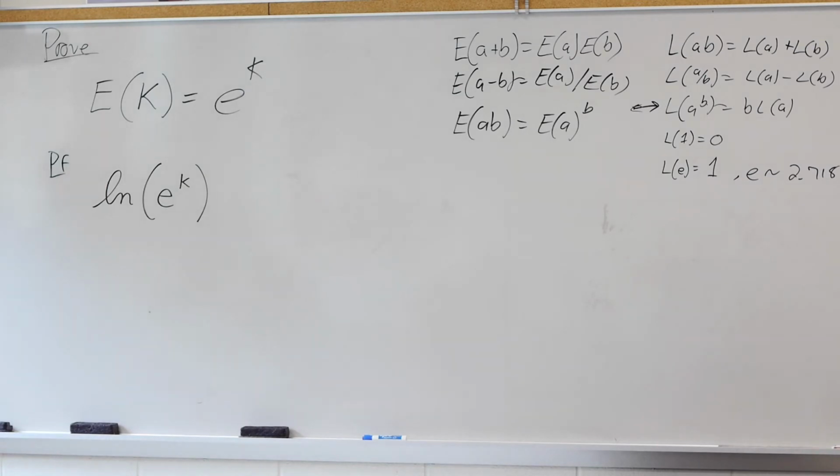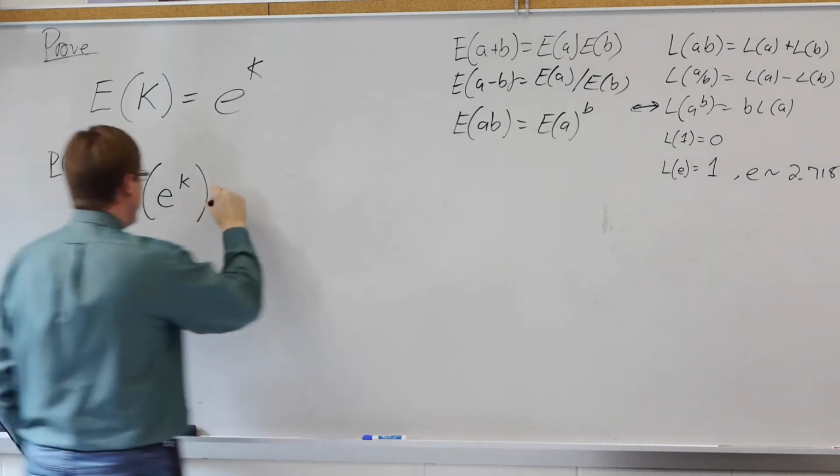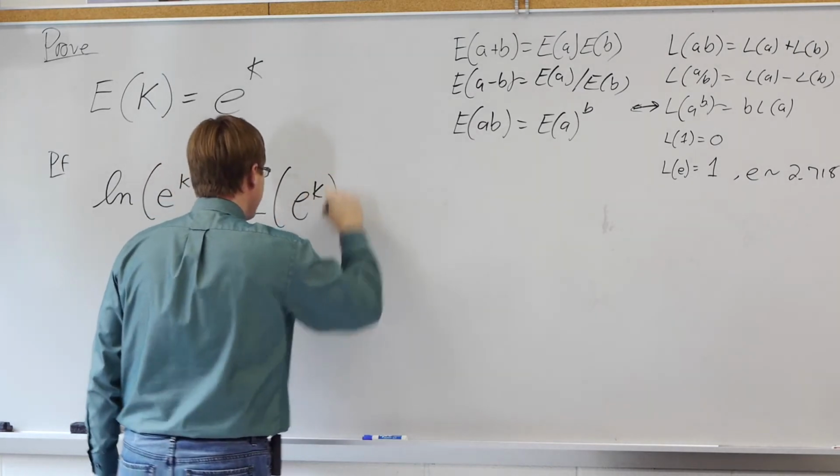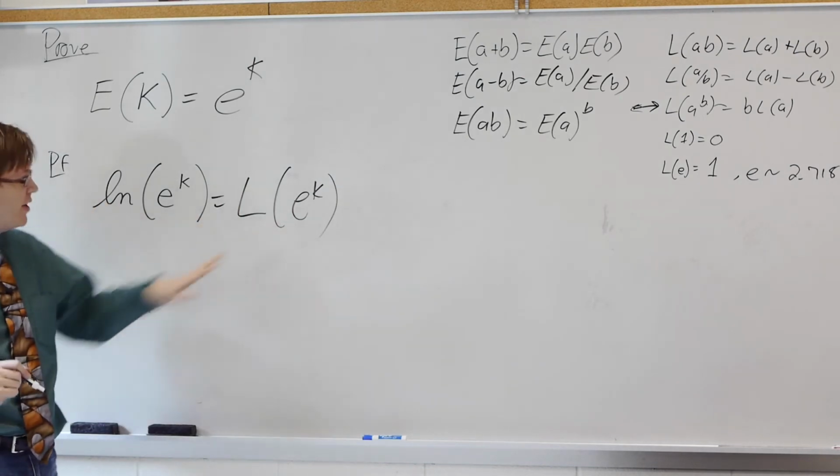That's ln of a power. I can use the third property over there. Oh, you know what? I shouldn't call it ln. Well, yeah, I'll call it ln, because this is okay. Because last class we defined ln to be capital L. Right? So ln of e to the k is capital L of e to the k. So that's fine.